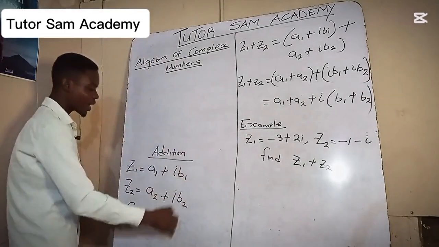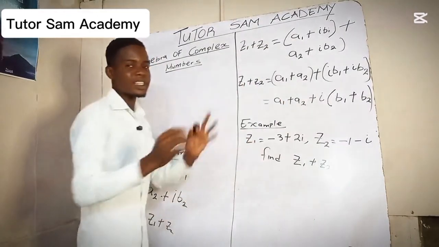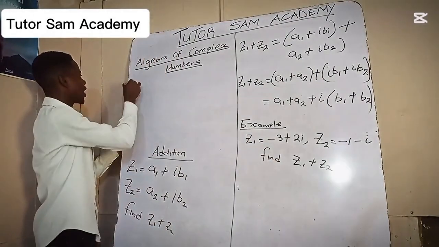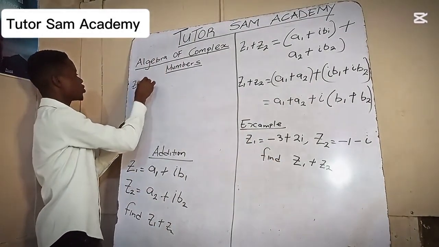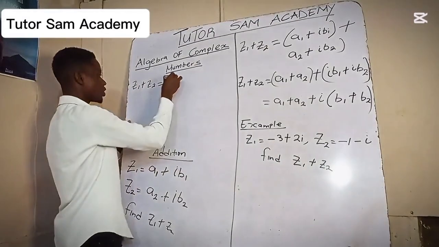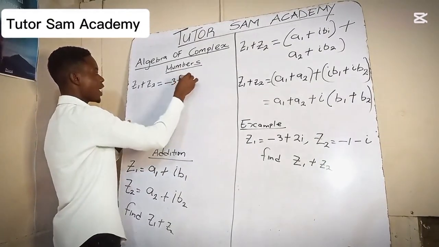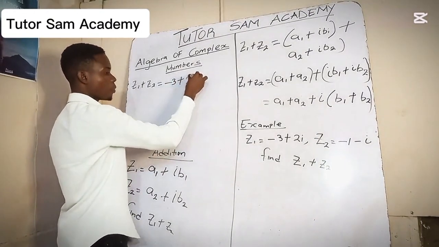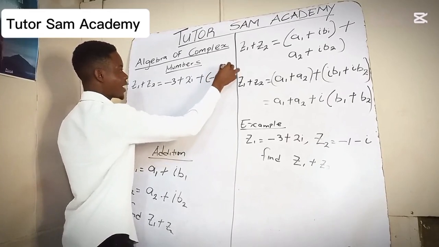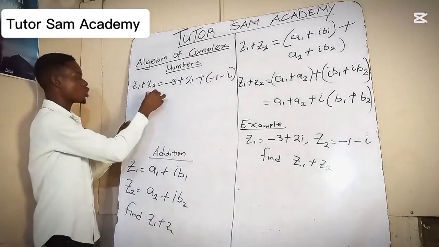So just the way I illustrated this, I'm going to follow the same procedure to solve this. Now, Z1 plus Z2 will be equal to, Z1 is minus 3 plus 2I, plus minus 1 minus I. So we can now add. Don't forget, how do we add?